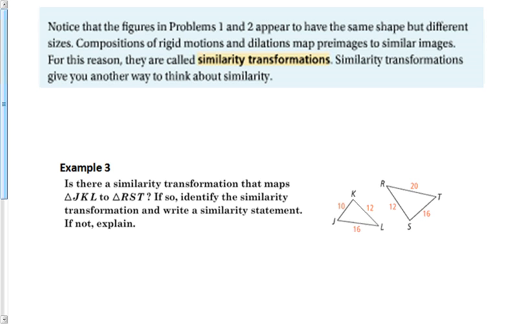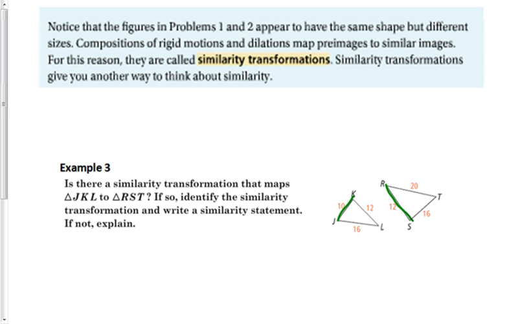So in example 3, it says, is there a similarity transformation that maps triangle JKL to triangle RST? And here again, just like congruence, it's important to note the corresponding parts. So JK has to go with RS.